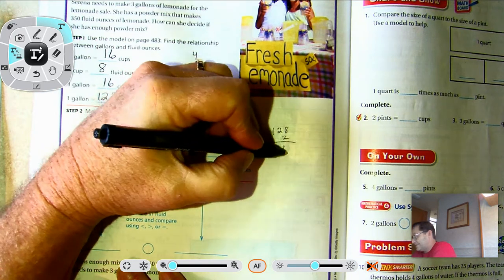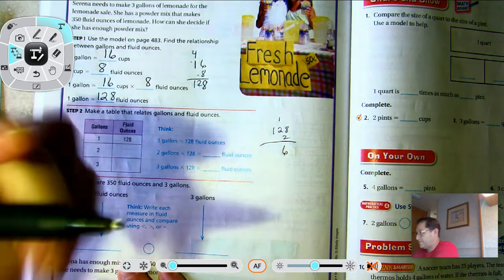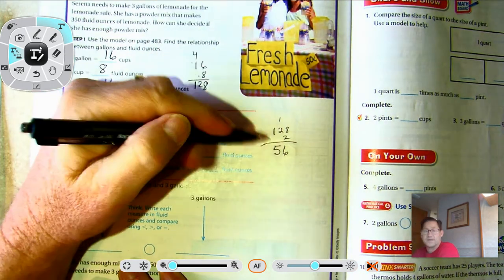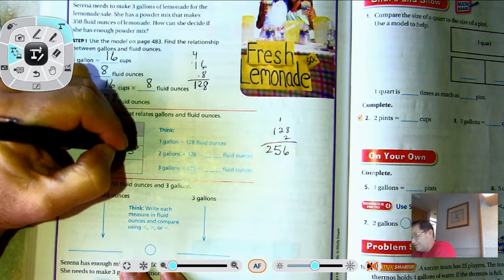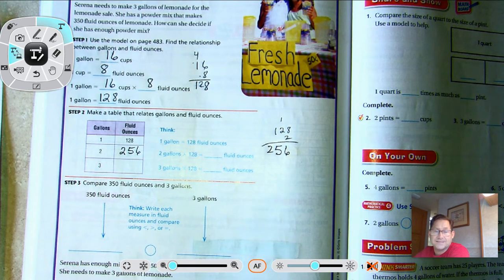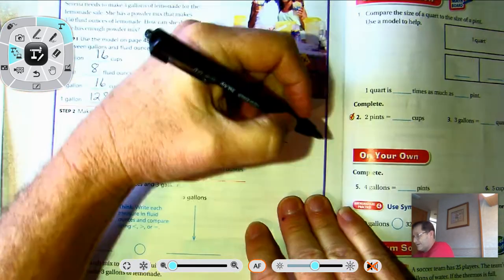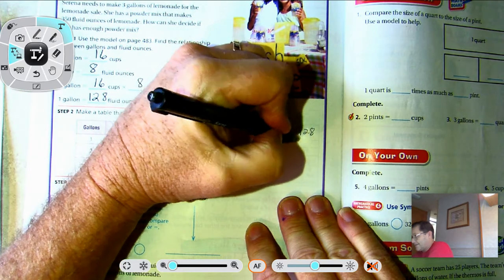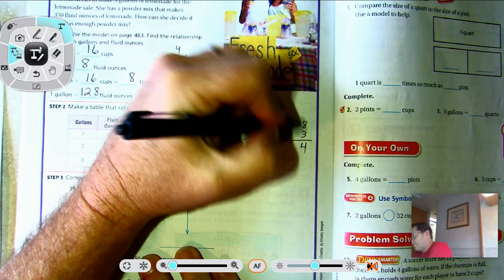2 times 8 is 16. Regroup that as 1 ten and 6 ones. 2 times 2 tens is 4, plus 1 more is 5 tens. And 2 times 100 is 200. So in 2 gallons, we'd have 256 fluid ounces. In 3 gallons, it would be 128 times 3. 3 times 8 is 24.